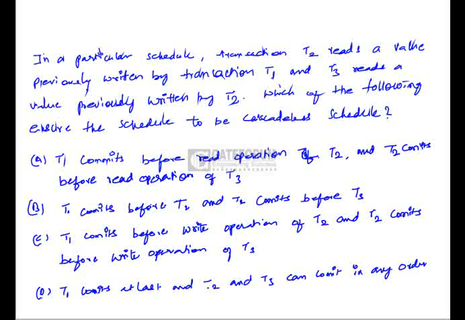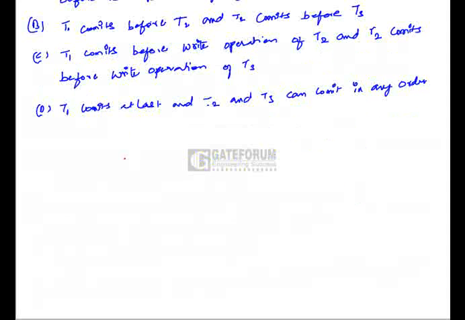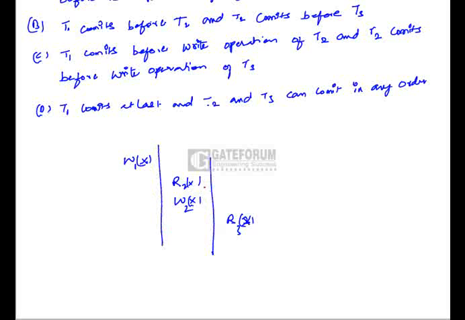Here it is given that T1 writes, let the data item be X, then T2 reads the data item X and writes data item X, and T3 reads the data item X. This is the schedule given, and it should be cascadeless.